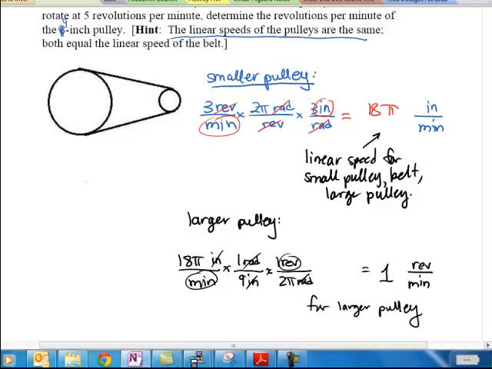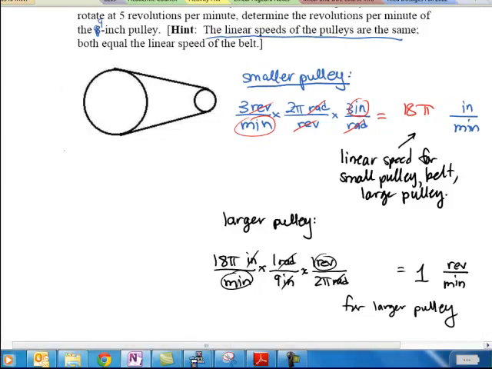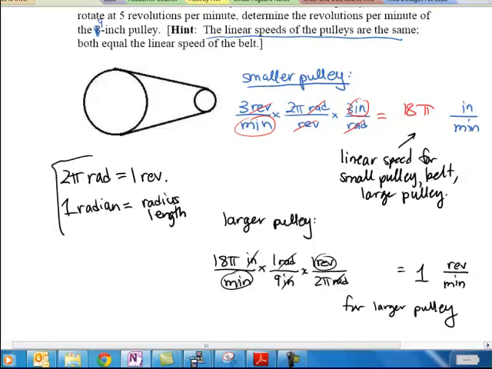And then remember that what's consistent from one problem to another is that we always have 2 pi radians in 1 revolution and 1 radian in whatever the radius length is. Those two pieces should be able to get you between linear speed and angular speed, kind of back and forth.